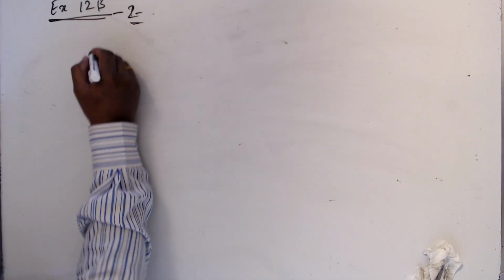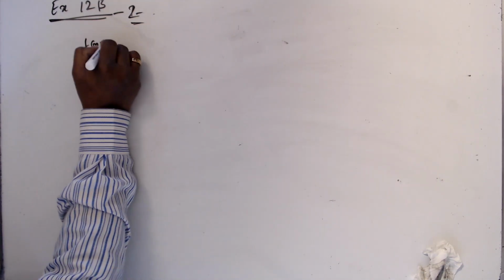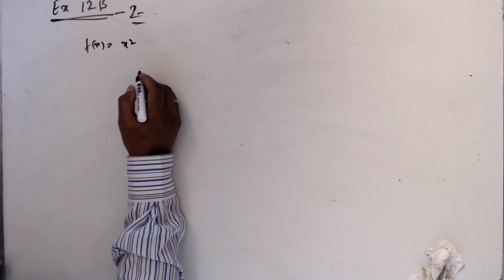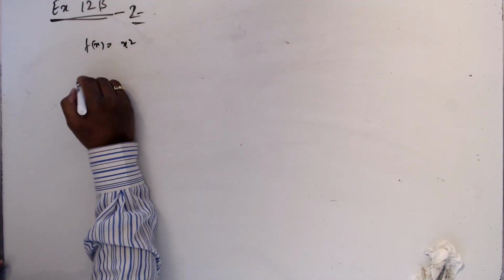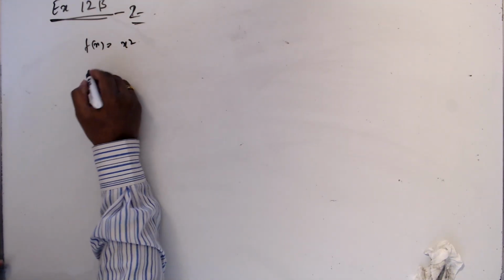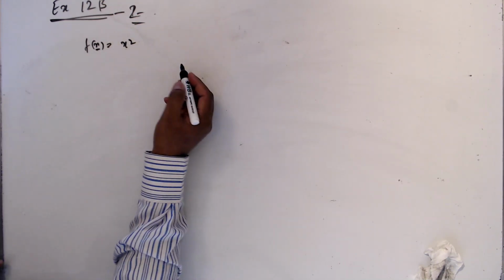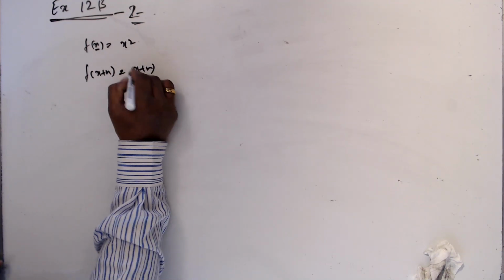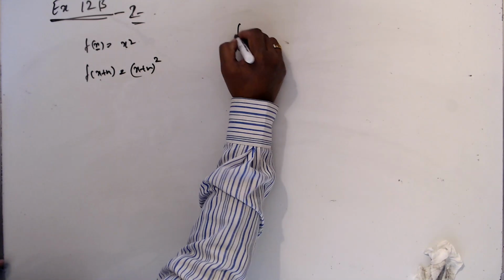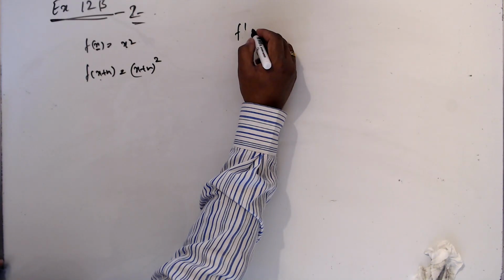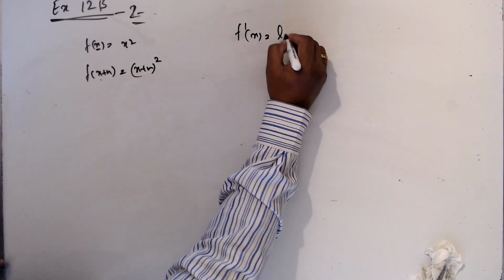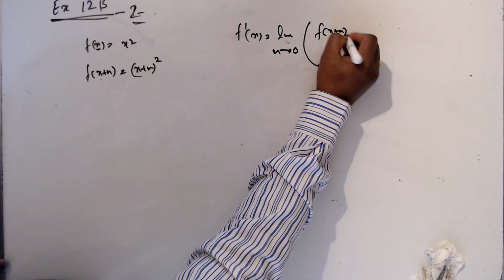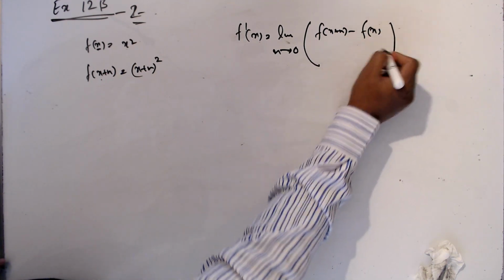Question number 2. We already did this one, but we'll work it again. f(x) equals x square. The standard point is x, and the other one is f(x plus h), which is (x plus h) square. So f dash x is the limit as h goes to 0 of f(x plus h) minus f(x).